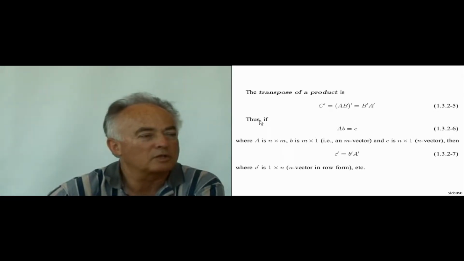As a simple illustration, if the matrix A times the vector B gives you the vector C, and B and C are both in column form, then the row C prime is B prime, A prime, which means take the transpose, but the product now is in the reverse order.